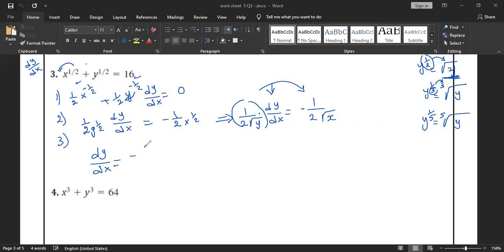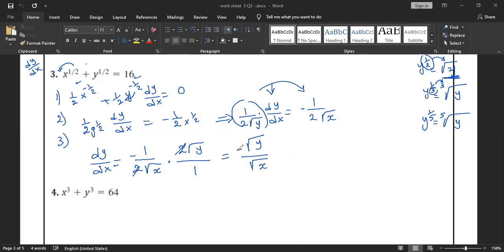Reciprocal. Negative 1 over 2 square root x multiplied by the reciprocal, it means the numerator will become the denominator and the denominator will become the numerator over what? 1. So it will be negative square root y over root x.